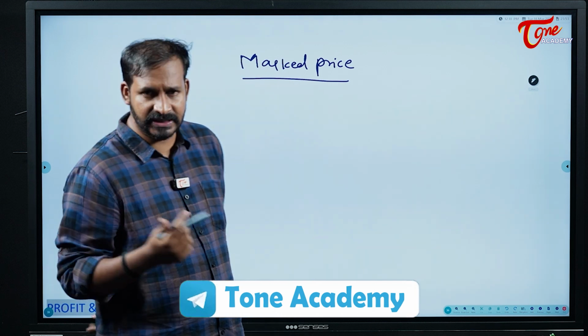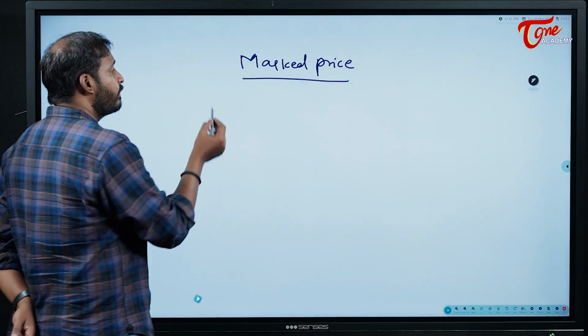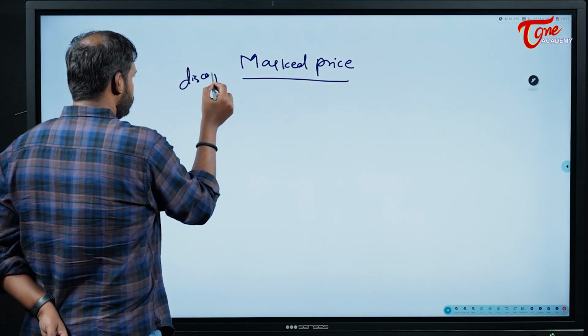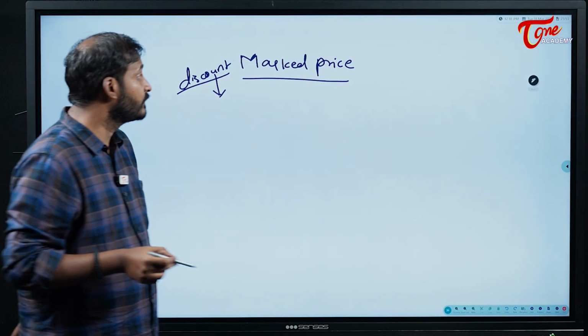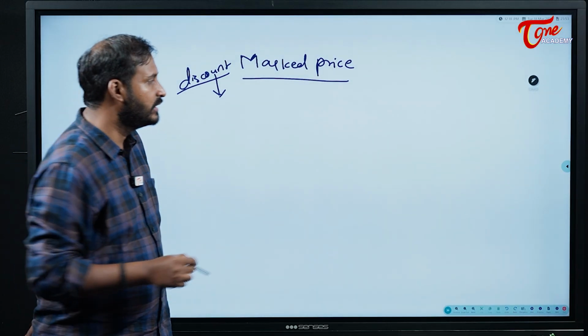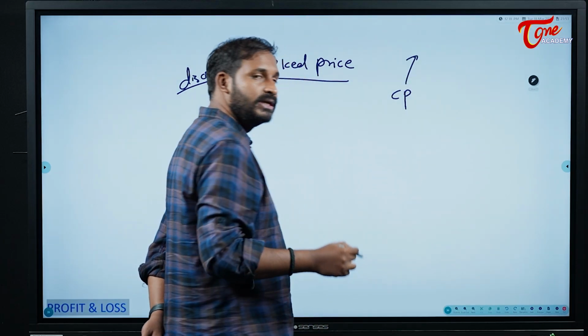If a shopkeeper wants to give a discount, then he will use the word marked price. That means initially there will be some cost price on any product.